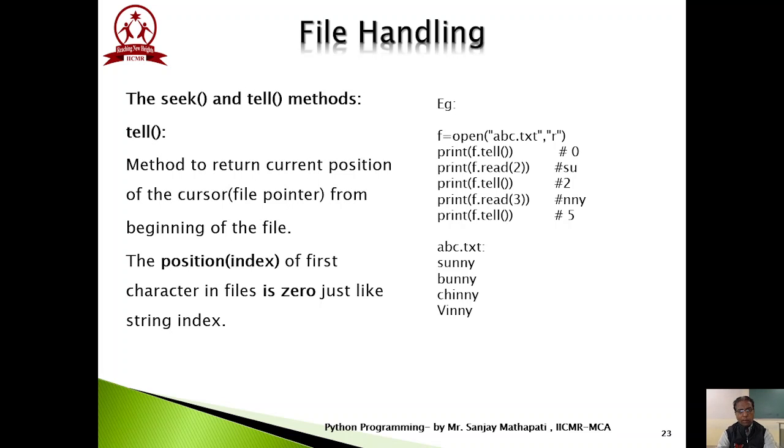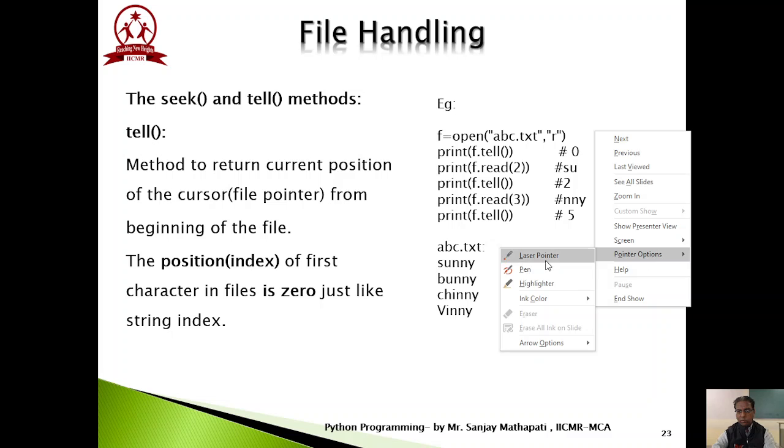The tell method is generally used to return the current file pointer position, where exactly my file pointer or file cursor is positioned. That value is nothing but the offset, or the distance from the beginning of the file.